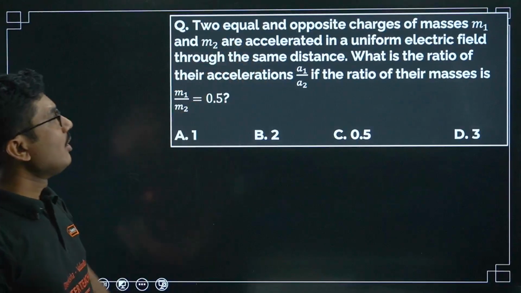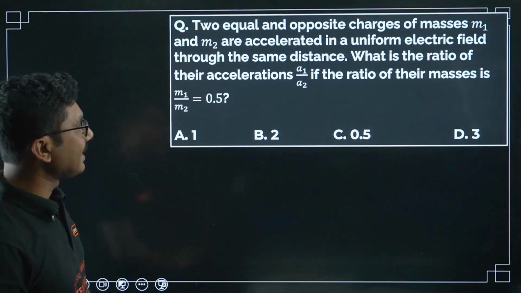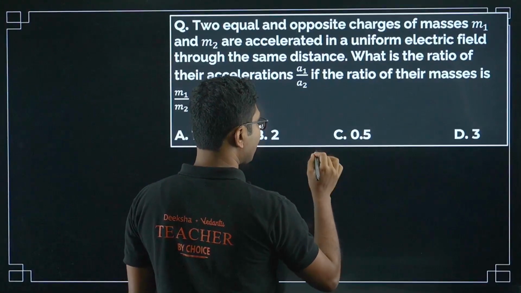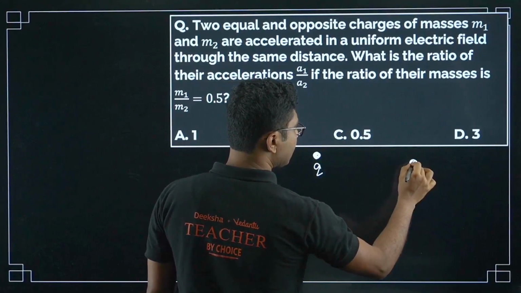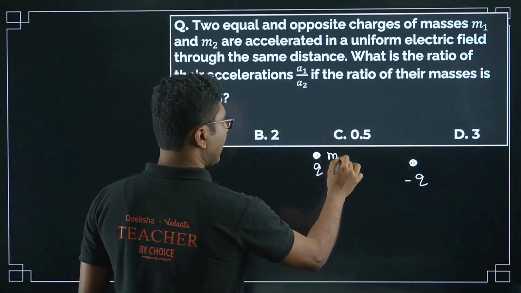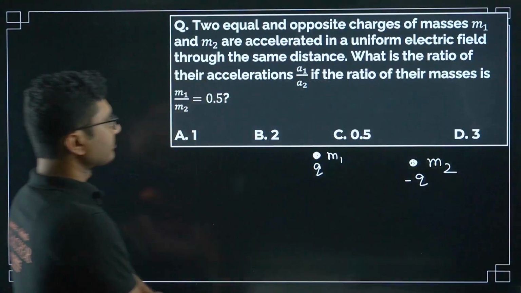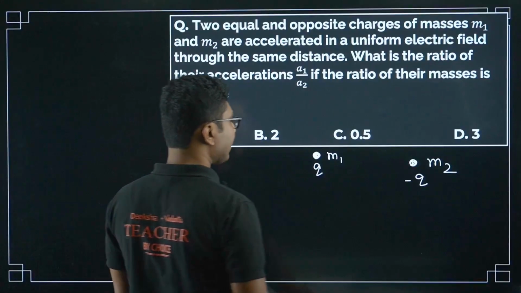So we have two equal and opposite charges of masses m1 and m2. One is say plus q, another one is minus q. This one has a mass m1, this one has a mass m2. Now they are accelerating in a uniform electric field.